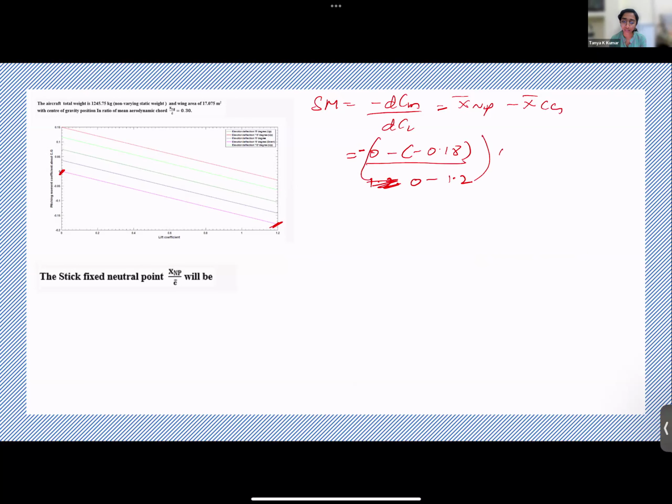So you get 0.15 equals x bar NP minus x bar CG. Now, x bar NP is 0.15 plus x bar CG, which is 0.3. So the answer is 0.45. Correct? So that is the value.